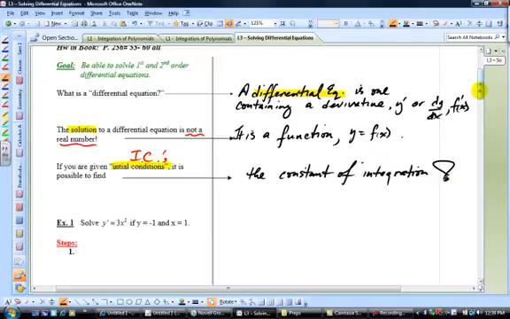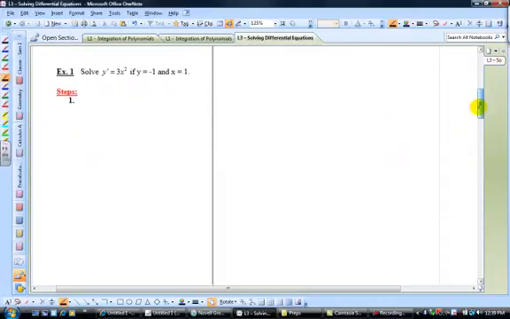Let's solve a differential equation of the first order and step it out on the left. First of all, notice our differential equation right here. y prime is 3x squared. We're looking for a function whose derivative, y prime, is equal to 3x squared. You probably can think of one in your mind right now.